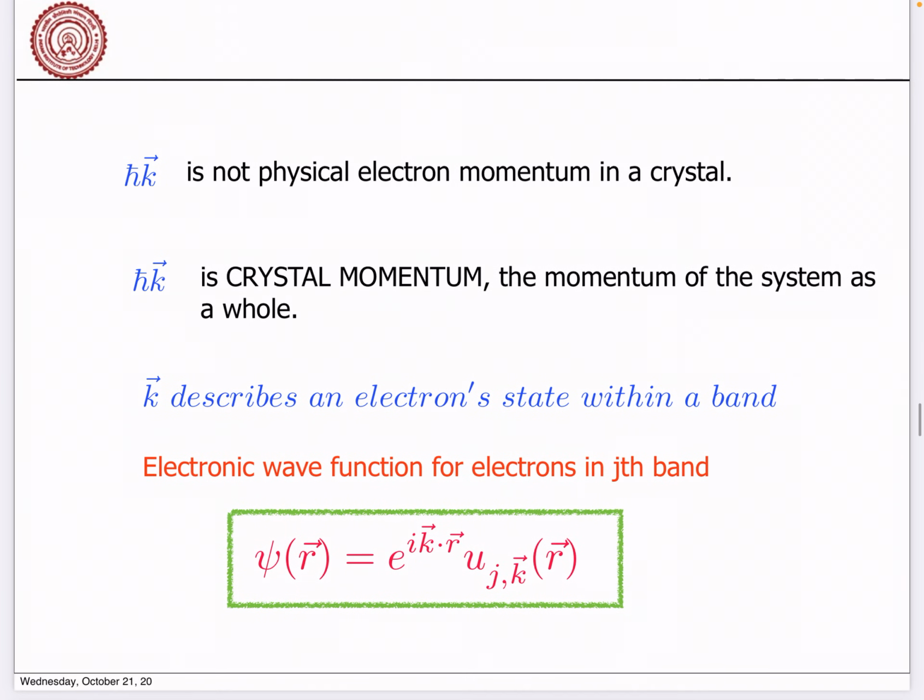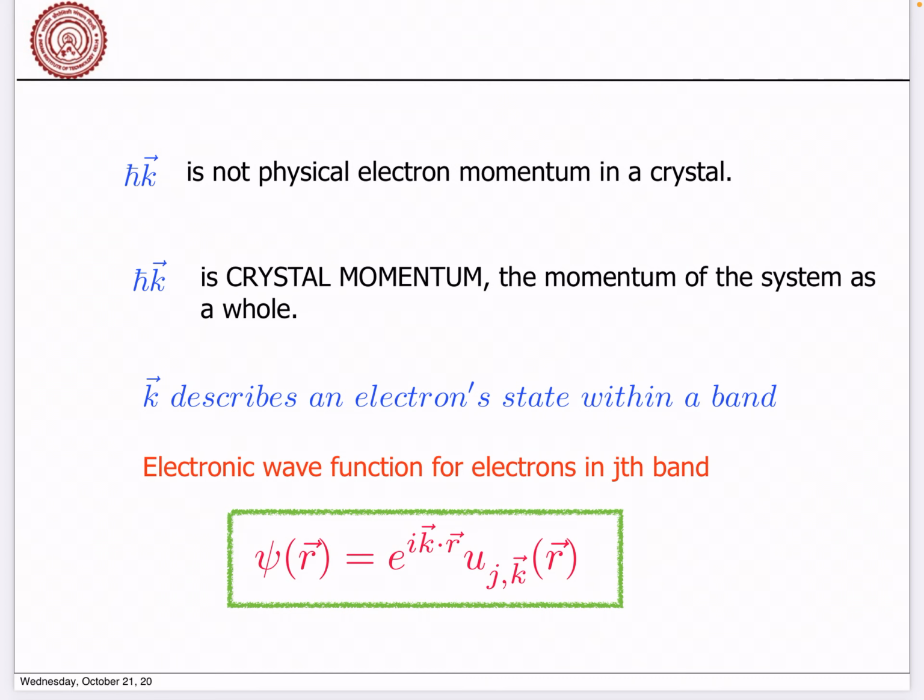Therefore, k describes an electron state in a band. Within a band, it can be considered as a quantum number. So one can write the electron wave function as psi(r) equal to the plane wave e^(ik·r) u_j, that is for the jth band.